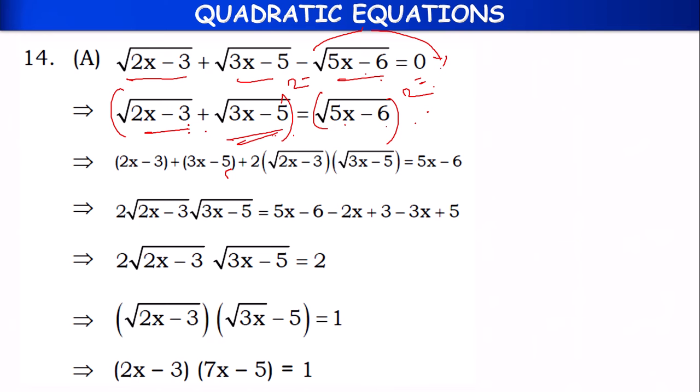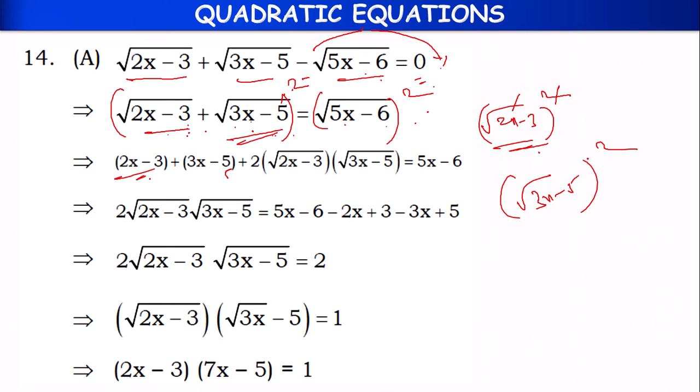this is in the form of a plus b whole square, whose formula is a square plus b square plus 2ab. A square is root of 2x minus 3 whole square. Square and root get cancelled, and we can write it as 2x minus 3. Next, b square means root of 3x minus 5 whole square. Square root gets cancelled, and we will have 3x minus 5.